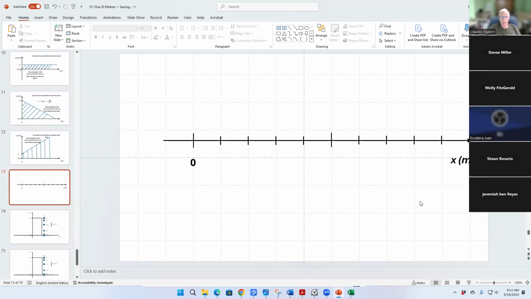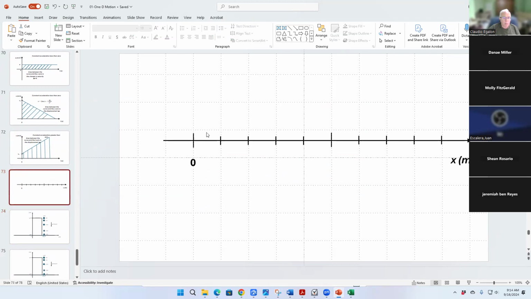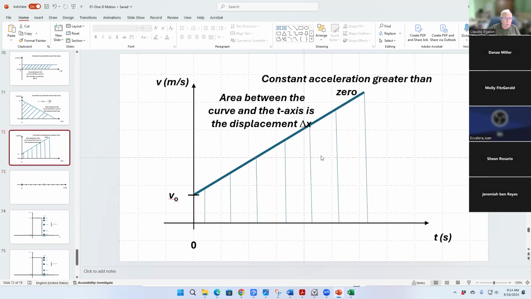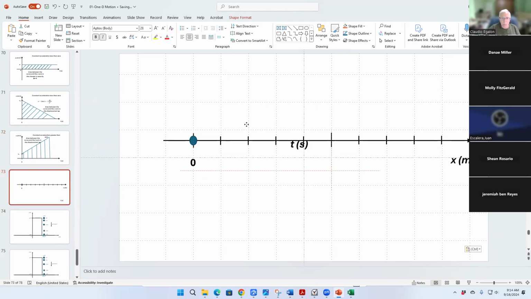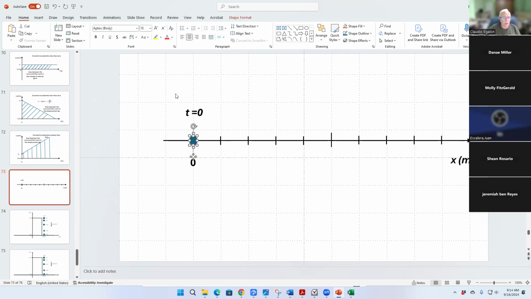Always keep that in mind. And we have this object moving from the right to the left. If it's here, t is equal to 0. That's t naught, right? So let's say a little bit later on, the object is right here at 1 second.